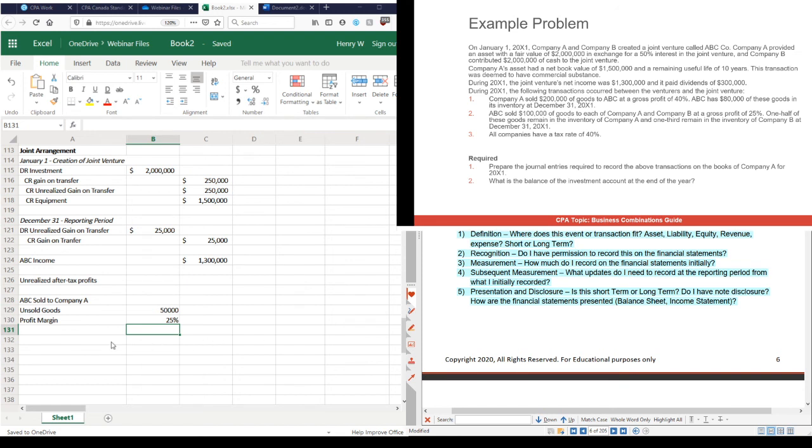So unrealized profit is $12,500. So there's a tax rate of 40%.